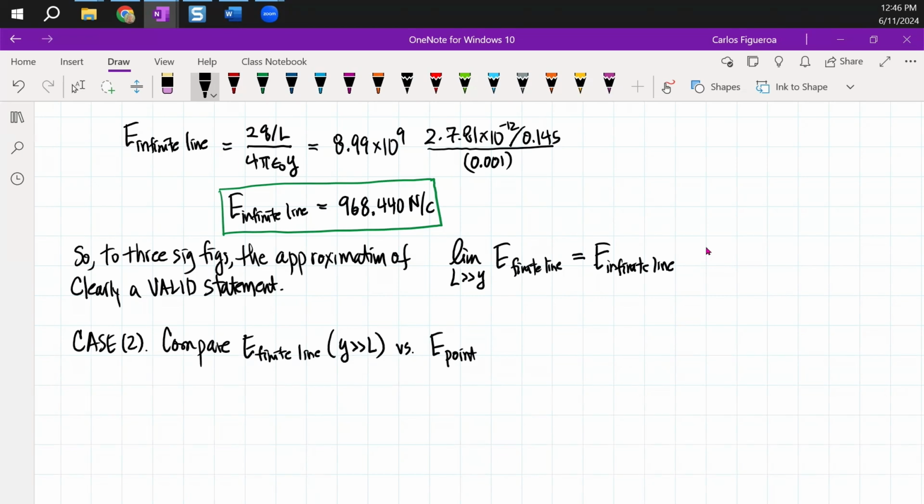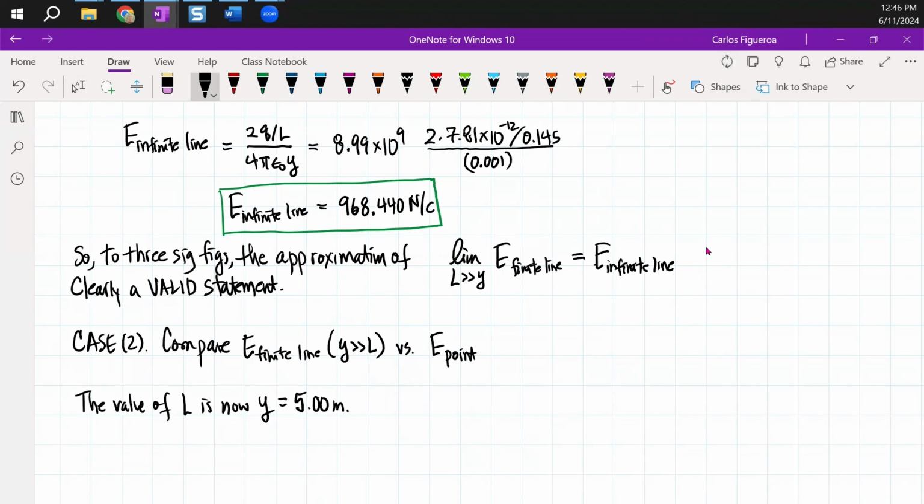Now, what's different here is that the value of y is now 5 meters, but everything is the same.